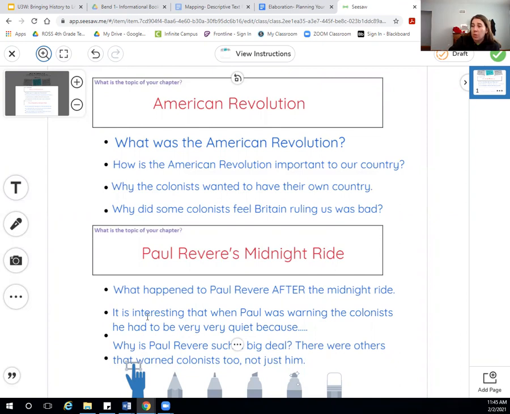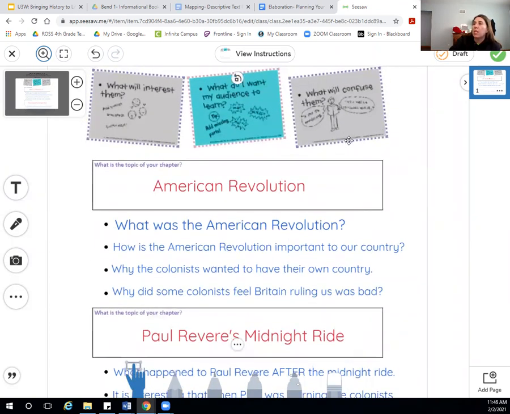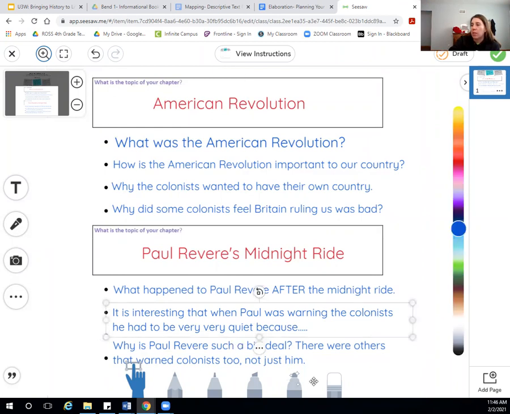I don't know. That could be interesting. I think it's also interesting that when Paul Revere was warning the colonists, he had to do it very, very quietly. So that might be interesting to know, and then to tell my reader why he had to be quiet. Something that I think is a little bit confusing, that I'm not really clear about, and I think the readers might not be exactly clear about either, is why is Paul Revere's Midnight Ride such a big deal?